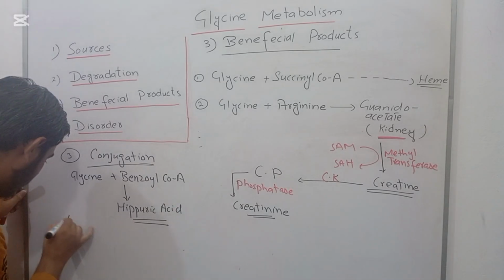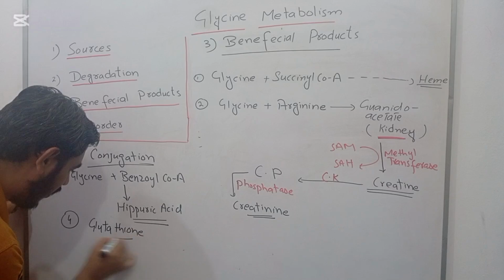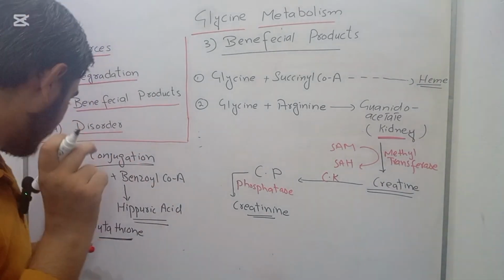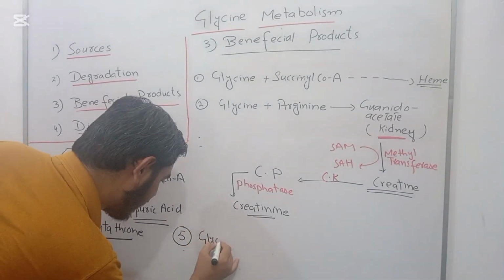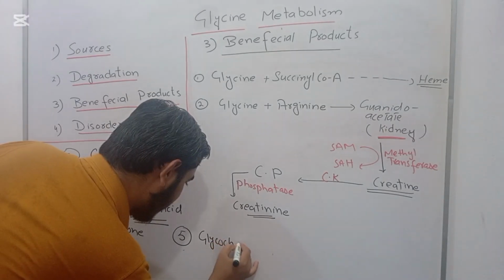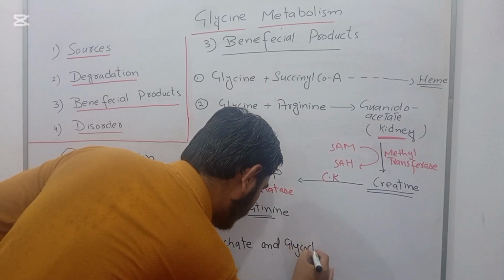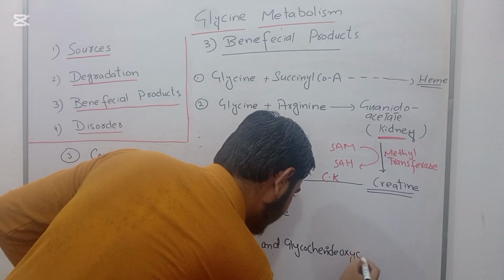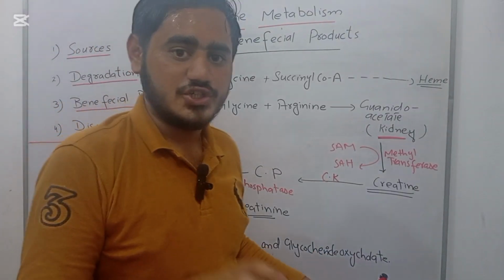And another one is glutathione. The full form of glutathione is gamma glutamyl cysteine glycine. Also, glycine plays a very important role in the formation of glycocholate and glycochenodeoxycholate, which are bile salts, and these bile salts are very important in the digestion of lipid.